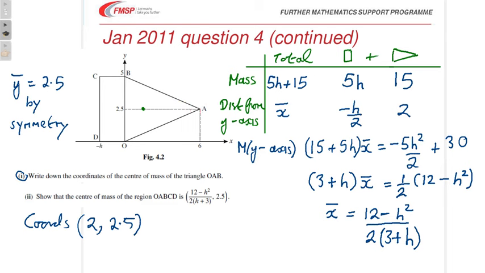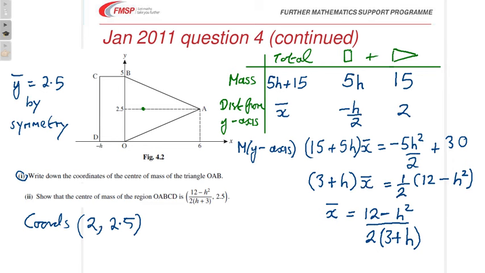So, for just one mark, 1/3 of the distance, well, the median is of length 6, so this distance here is 2. And the coordinates of the centre of mass of the triangular bit is x is 2, y is 2.5. I've said that y is 2.5 by symmetry. I know it's obvious, but we know that the centre of mass is on this line.